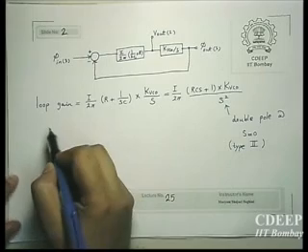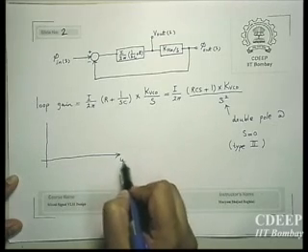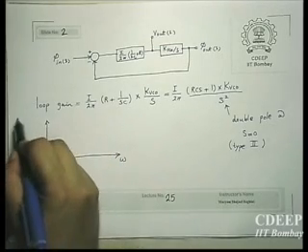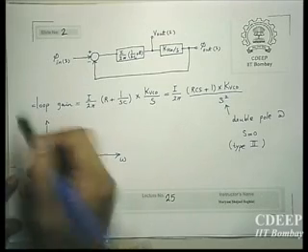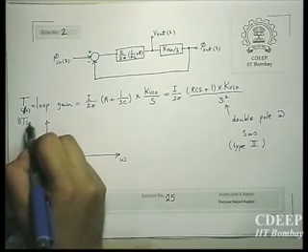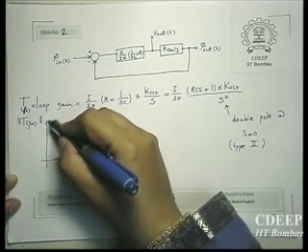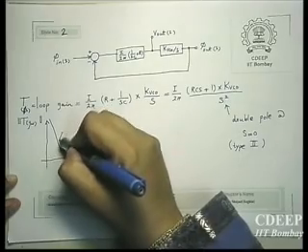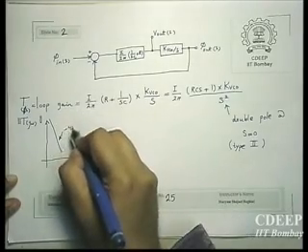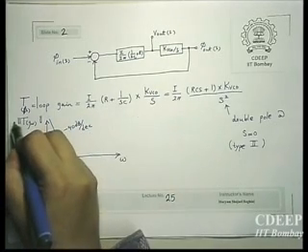Now, how this loop gain will be as a function of omega? Because you have a second order pole at s equal to 0, therefore it will have a slope of minus 40 dB per decade. Right, this is 20 log.